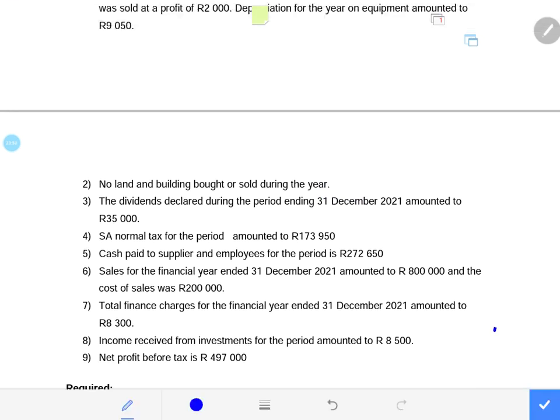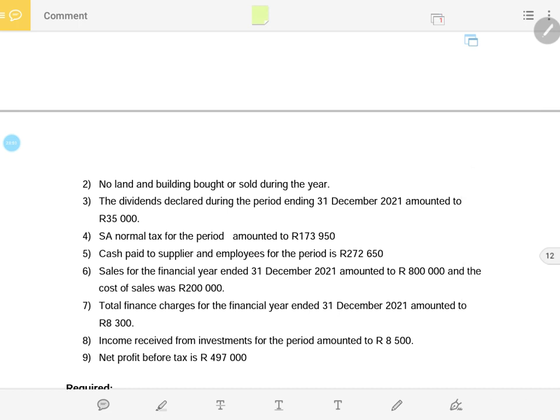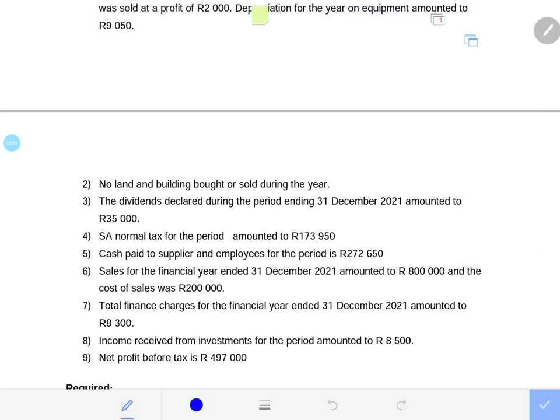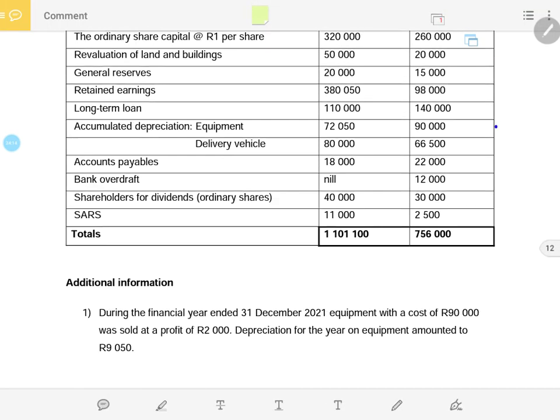So now let us go to the next one. Dividends declared during the period ended 31st December 2021 amounted to 35,000 rands.